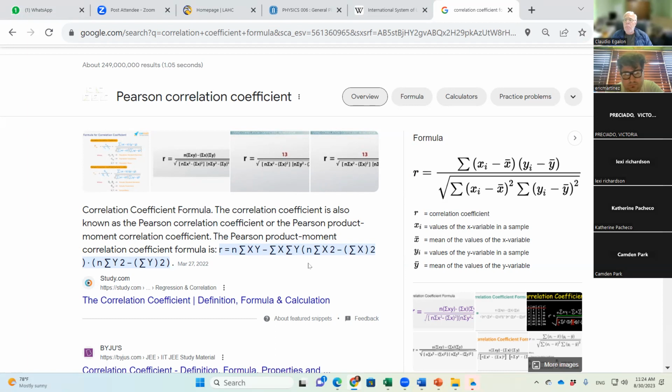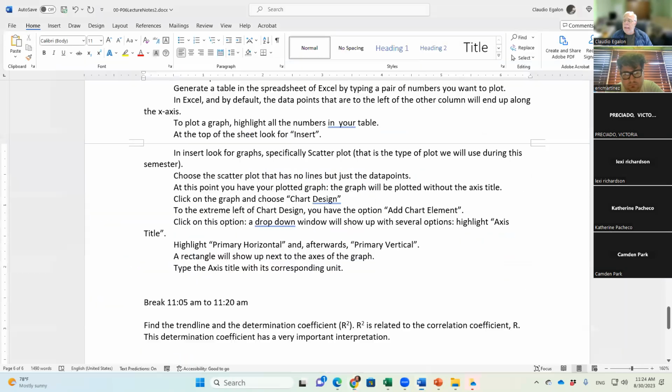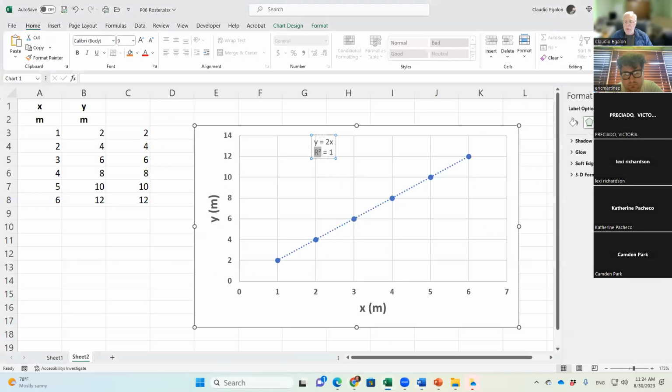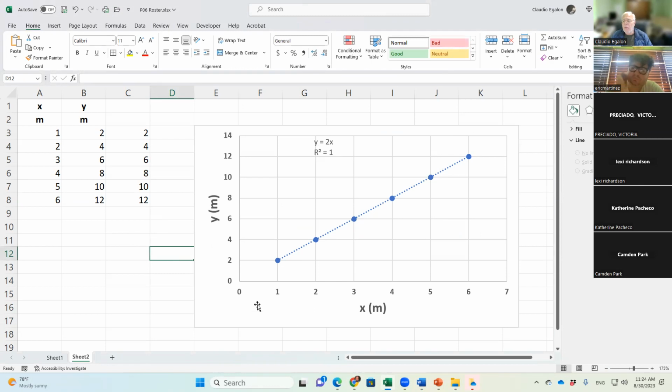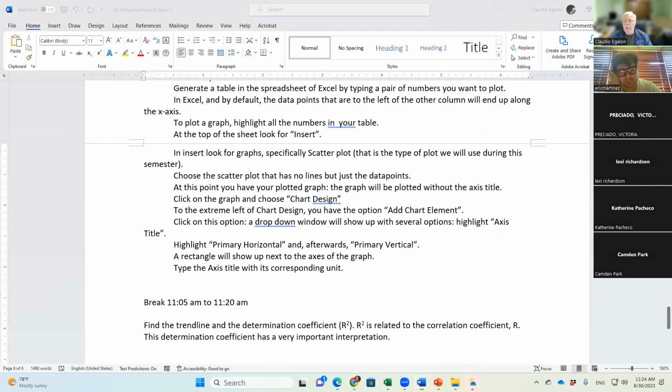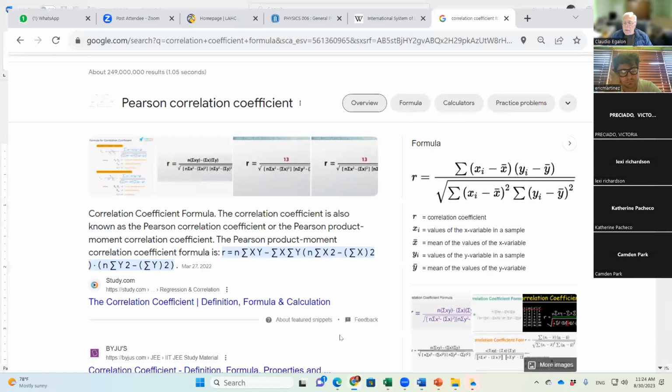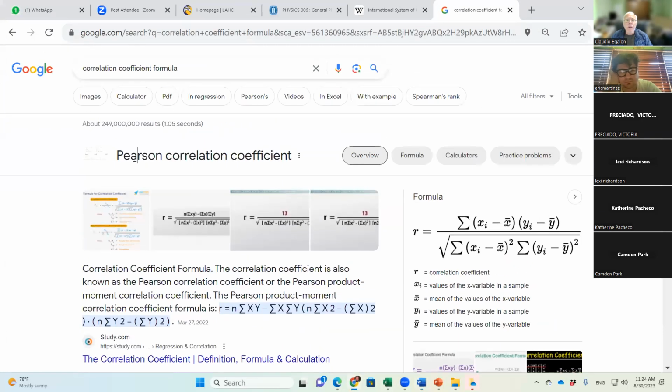The regression equation, there is also this equation that you see here. There is also a very important procedure that you have to use to find this equation, okay? It's possible to do that. Again, it's a little bit complicated, but you can find it on the internet.